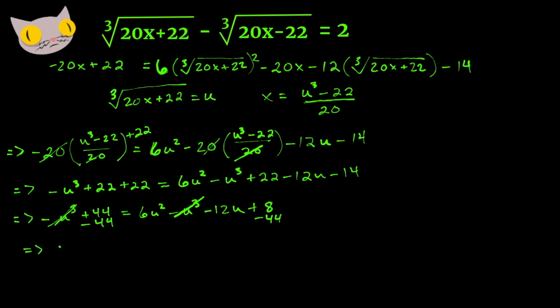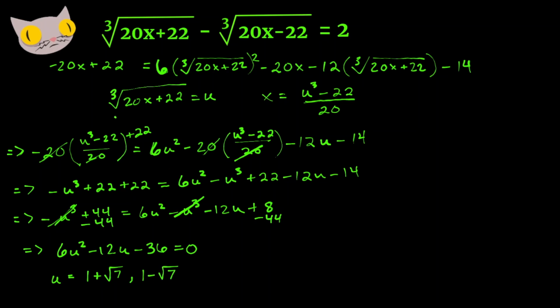That gives us 6u squared minus 12u minus 36 is equal to 0. Now, if we factor this, we'll find that u is equal to 1 plus square root 7 and 1 minus square root 7.